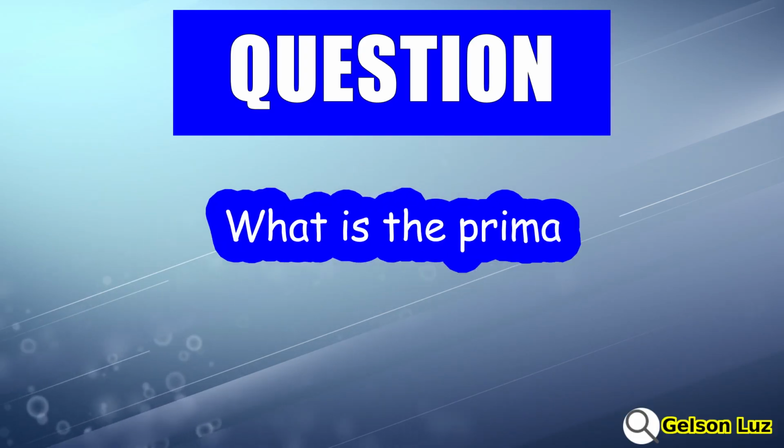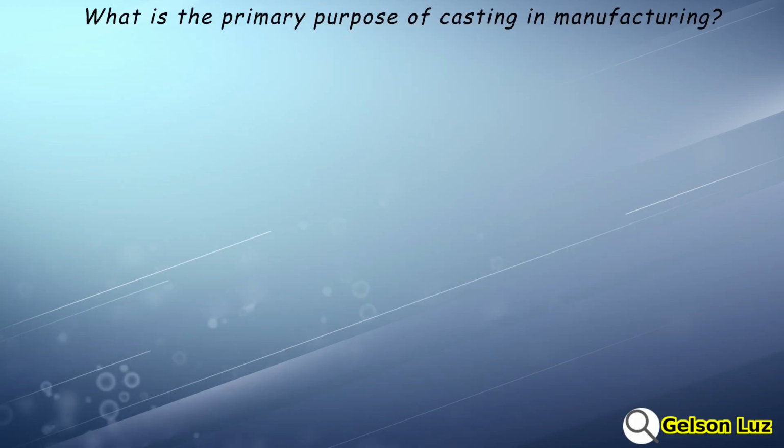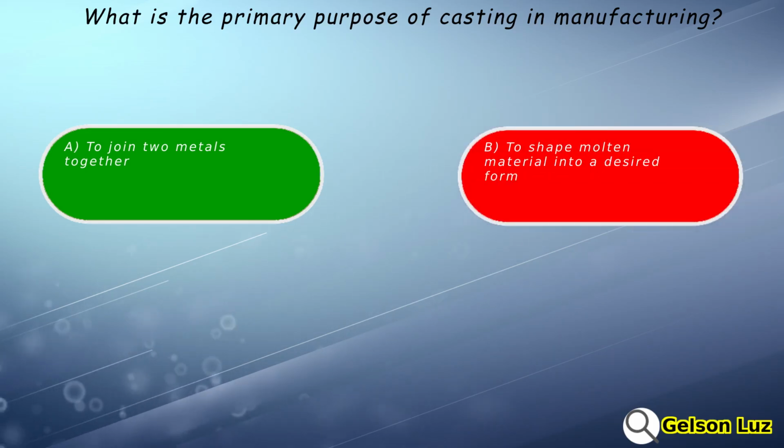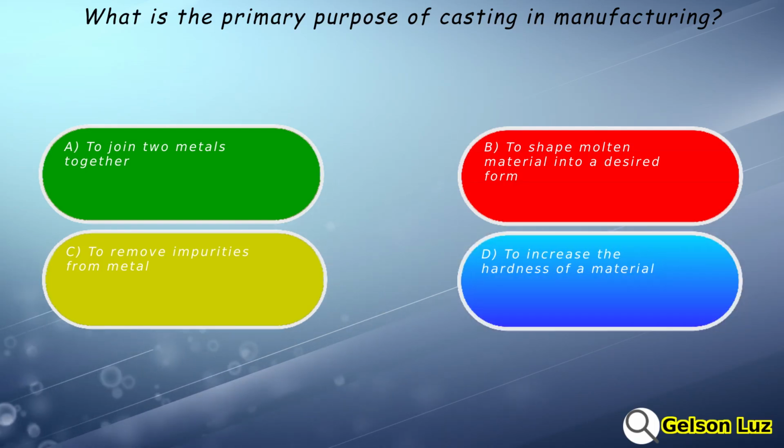What is the primary purpose of casting in manufacturing? A. To join two metals together. B. To shape molten material into a desired form. C. To remove impurities from metal. D. To increase the hardness of a material.